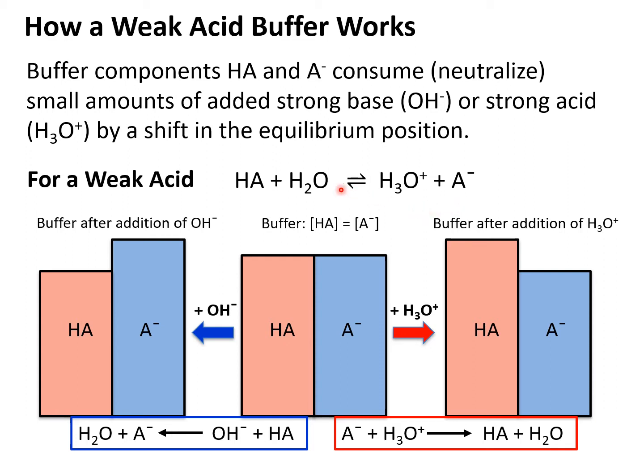So, if we have this buffer system and we add a small amount of hydroxide, we'll see that the hydroxide reacts with the weak acid to form A-, as shown in this equation.